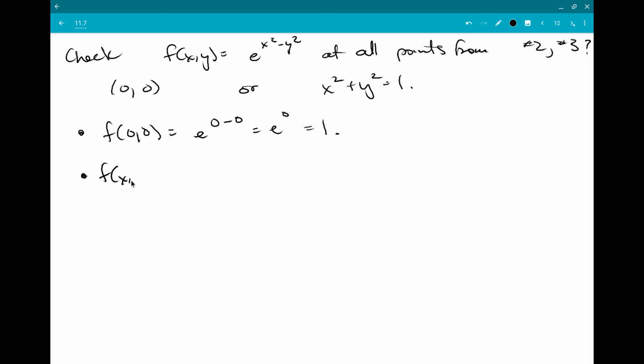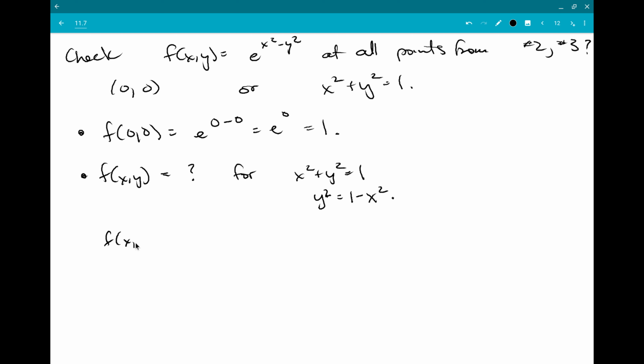Next, I need to ask myself about what f of x,y is for x squared plus y squared equals 1. If I'm on x squared plus y squared equals 1, then I know that y squared is equal to 1 minus x squared.